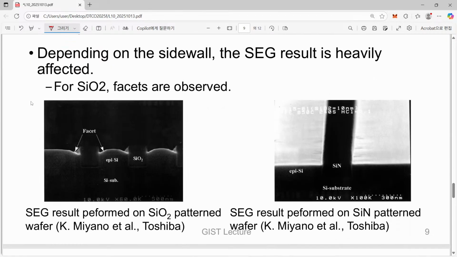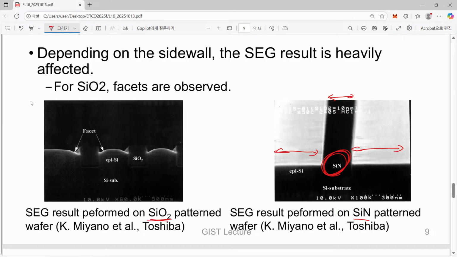Please make a comparison. They made the same pattern using silicon dioxide and silicon nitride and tried to grow silicon. If this is perfect, then we can expect that this window is open, this is open, and this is not open, being masked by silicon nitride.